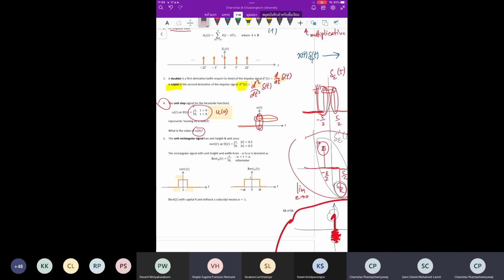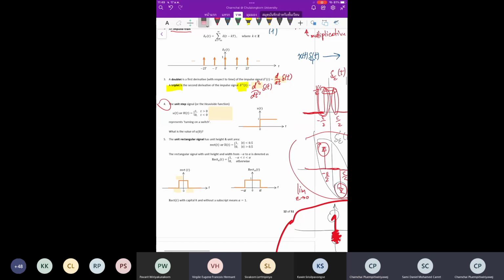But later, when we learn the Fourier transform, we will find out that it approaches halfway between 0 and 1. So actually it is equal to 1 for t more than 0, equal to 0.5 when t equals 0, and equal to 0 when t is less than 0.